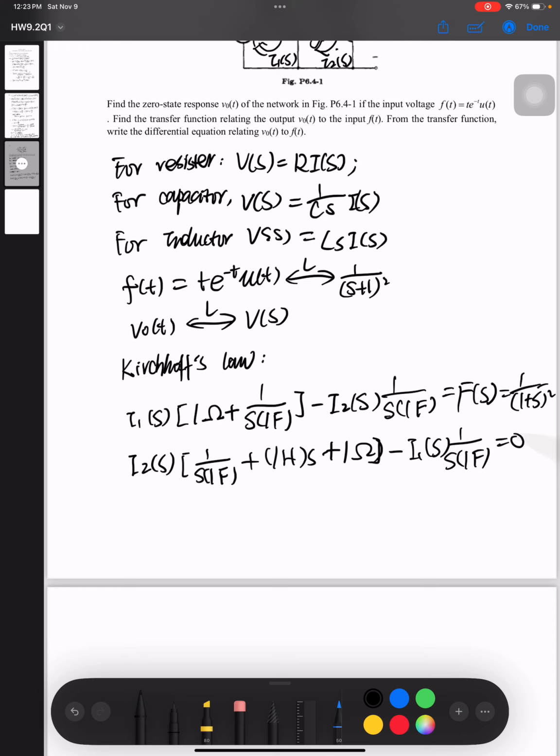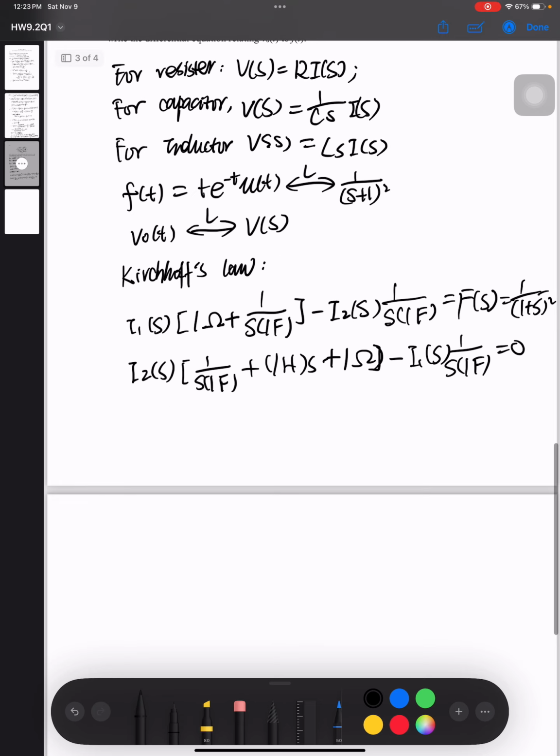And so we combine these two loops, and we can get I2(s) equals 1 over (s plus 1) squared times (s squared plus 2s plus 2).